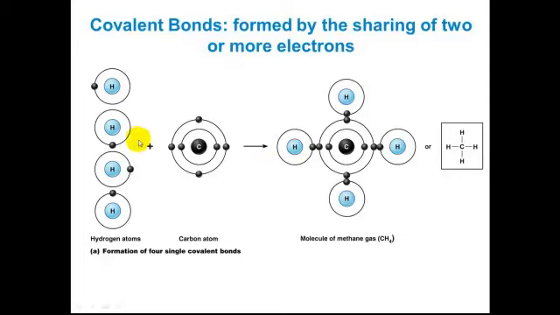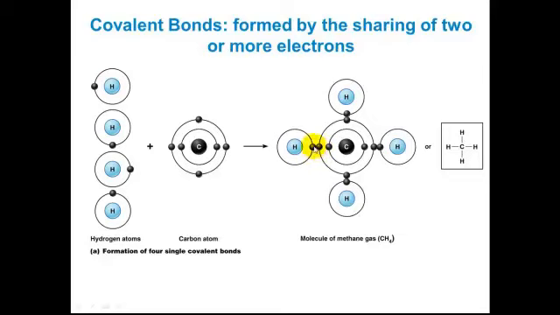The example shown here shows a carbon atom which has 4 valence electrons. Hence, this carbon atom needs to get 4 more electrons to reach its stable 8. What this carbon atom can do is it can bond with 4 individual hydrogens, each hydrogen needing 1 electron to reach its stable state, creating a molecule of methane gas.